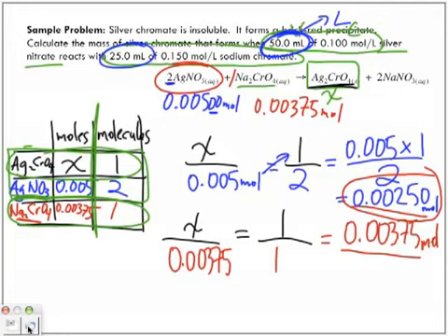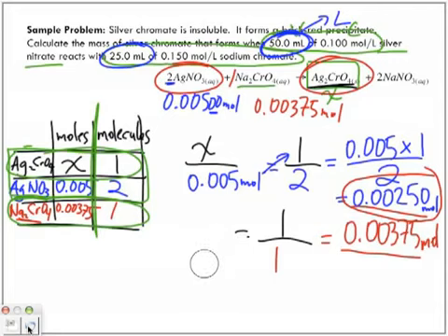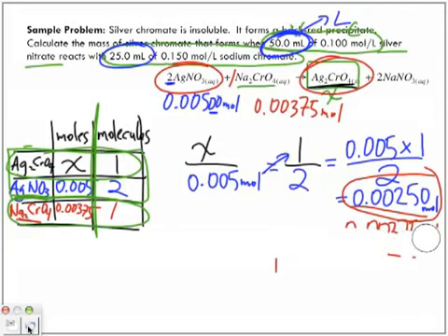So we're going to use that information, because we're going to create 0.00250 moles of this. Using that with the molar mass will help us find our actual answer.